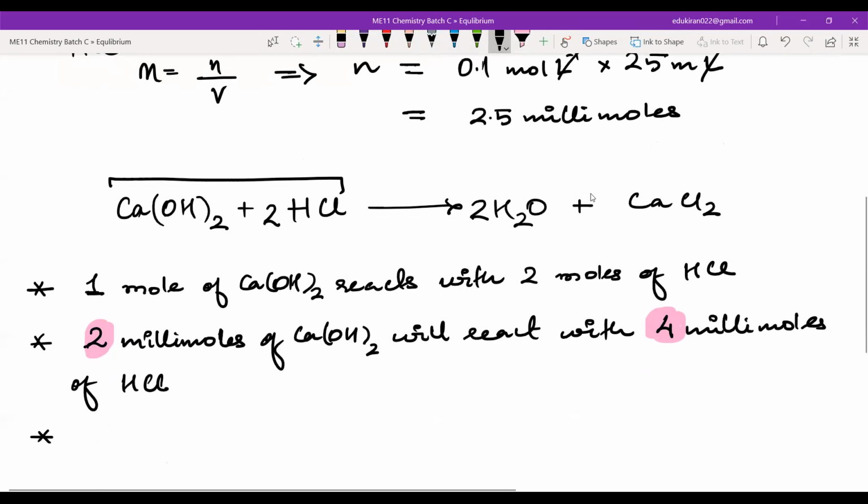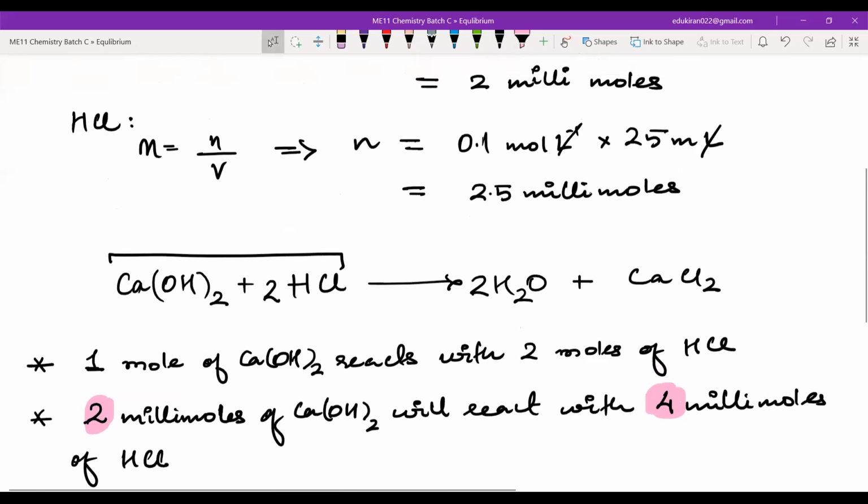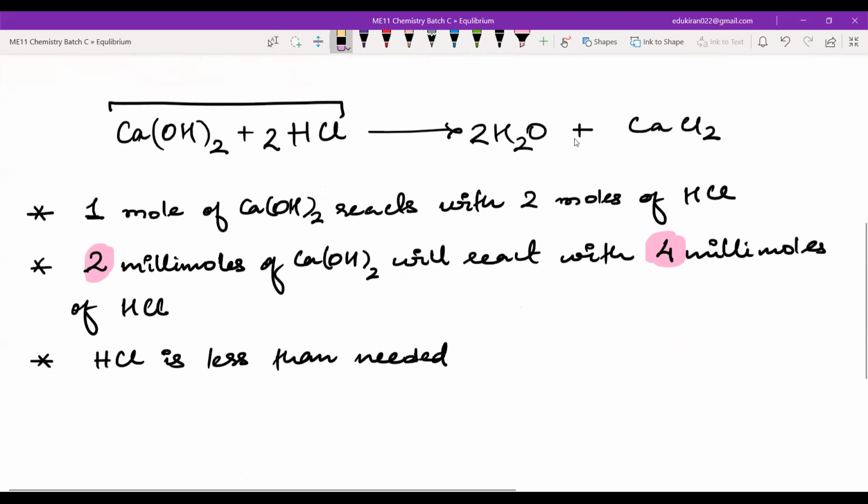Less. Okay, so we'll write HCl is less than needed. If HCl is less than needed, then how much HCl is present? 2.5 millimoles, correct? Now I can write the whole statement from HCl also, and you can see that if HCl is less than needed, it will be the limiting reagent.